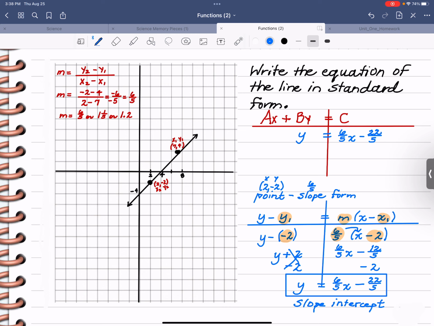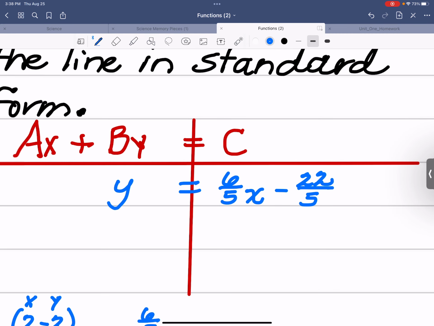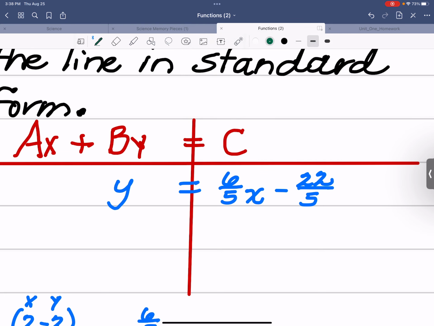Now, I would really, really like to get rid of those fractions. And because they have a common denominator, I can. This is what I would do. It's not absolutely necessary, but this is what I would do. I would multiply both sides of this equation by the number 5.